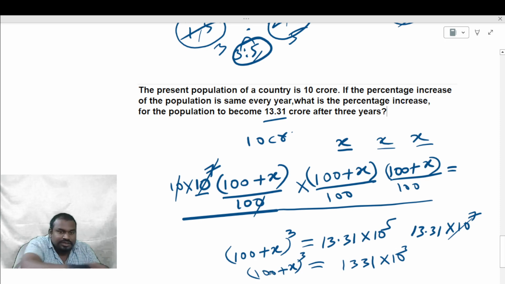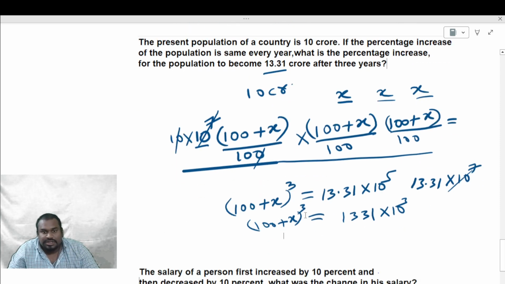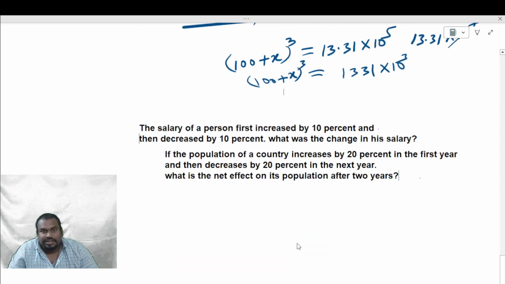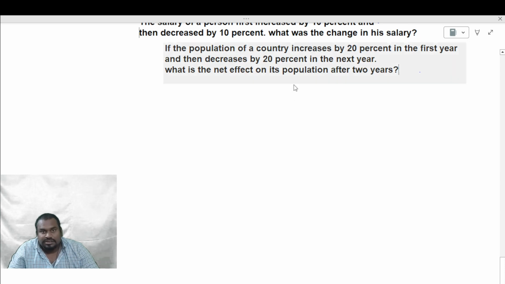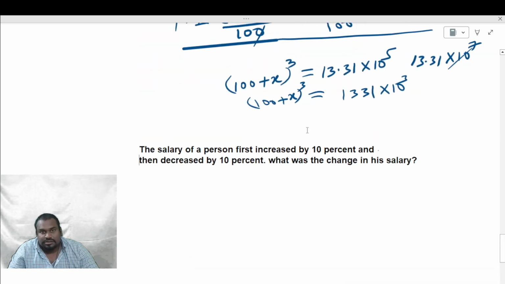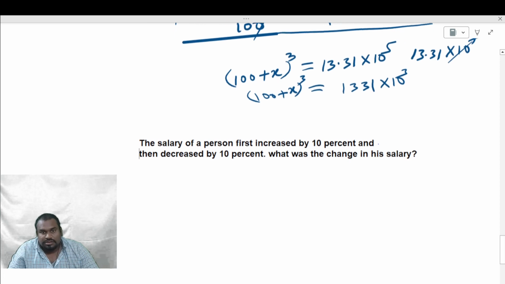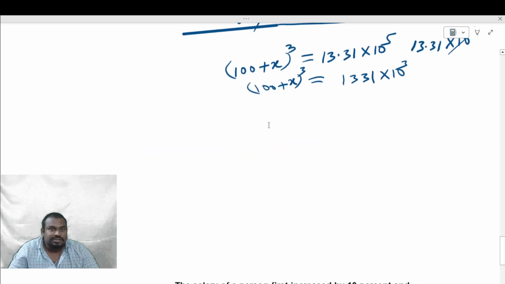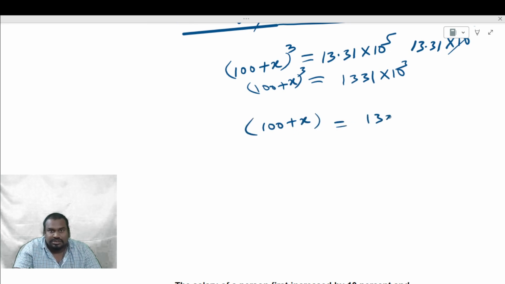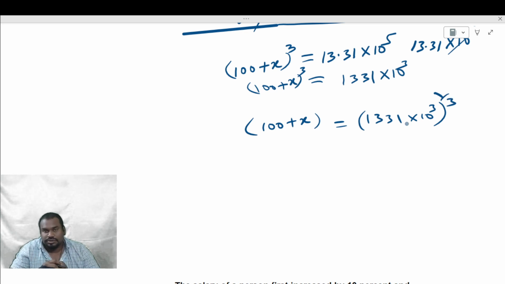But we don't need cubes, right? I need to take that cube towards the right. If I take that cube towards the right, then 100 plus x is equal to 1331 into 10 power 3, whole to the power of 1 by 3. 1 by 3 is nothing but cube root.